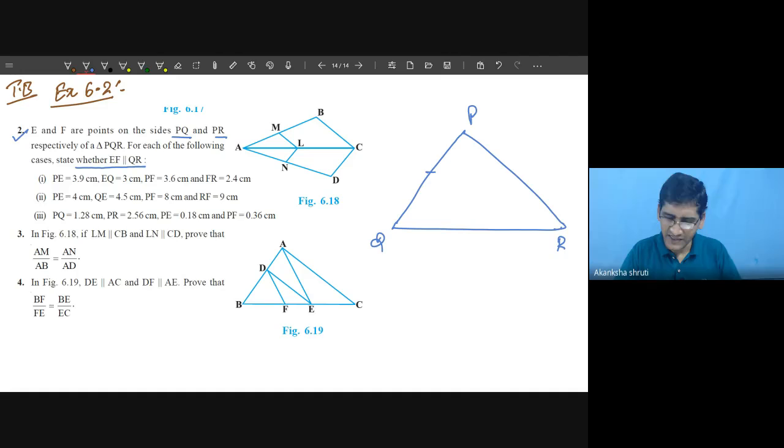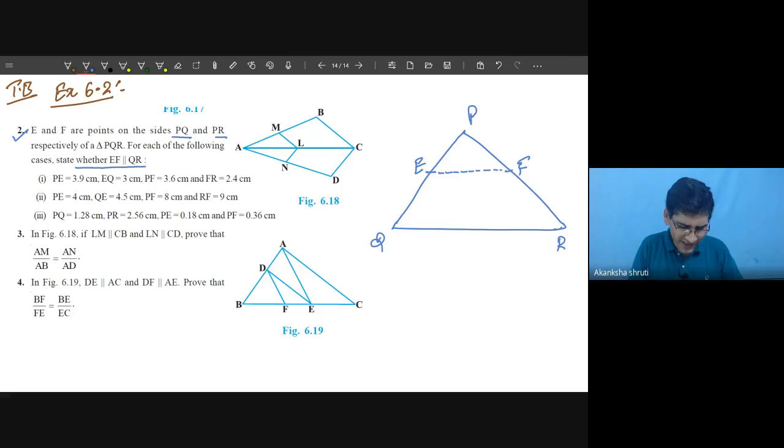It is given that E is a point on PQ and F is a point on PR of triangle PQR. Then for each of the following cases, you have to check whether EF is parallel to QR or not. Same as whatever I had taken, the same kind of question.